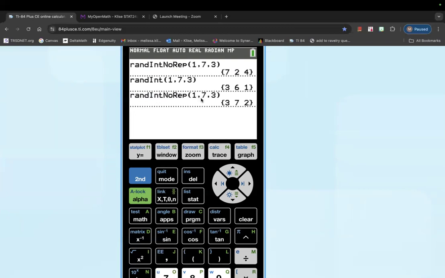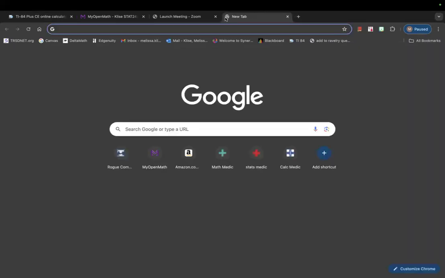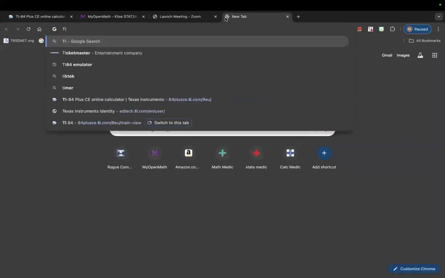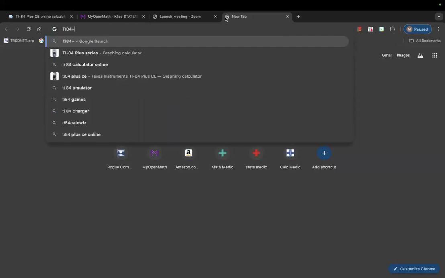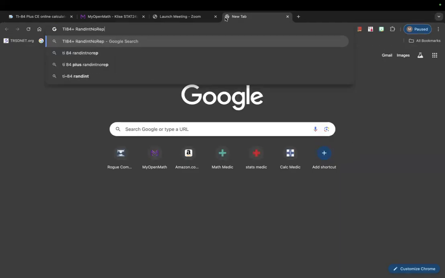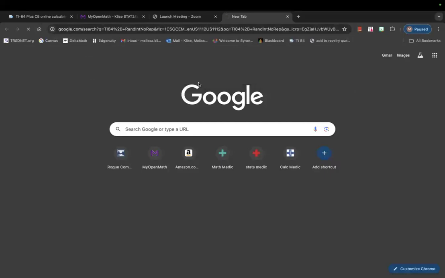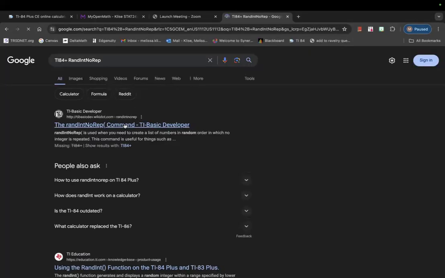And you did 1 7 3. Let me Google this real quick. So you have the TI 84 plus? Correct. Normally I don't Google calculator functions during class, but I'm assuming some others have the same calculator. That's why I want to see what this says.